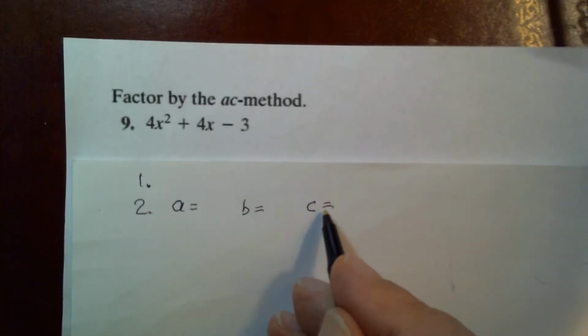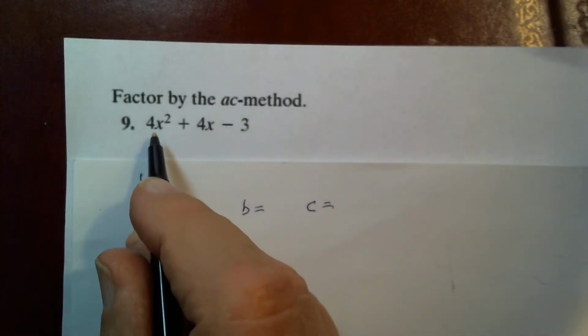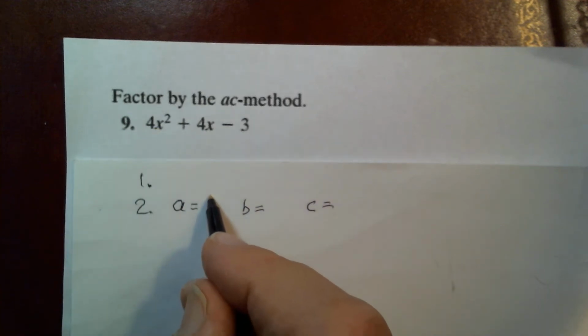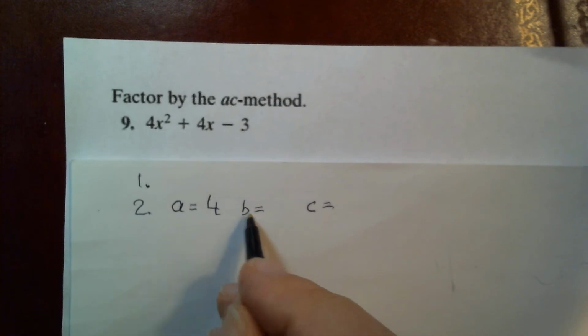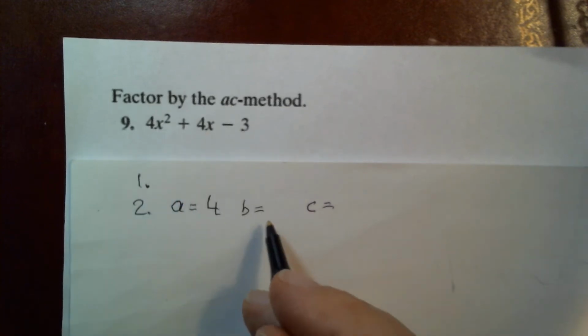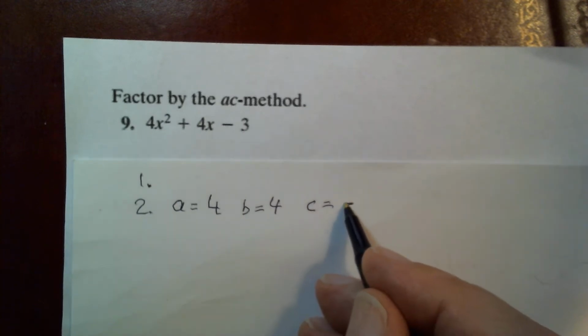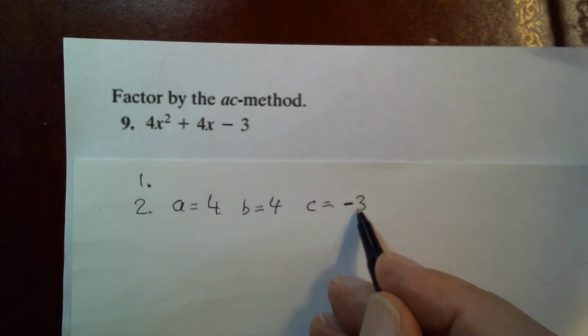Trust me, you do better. So A is the leading coefficient for x squared, so it's equal to 4. And B is the coefficient of x, so it's equal to 4. And C is equal to minus 3. And notice the negative sign. It is important, okay?